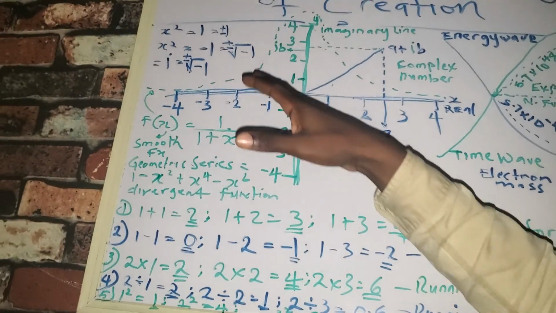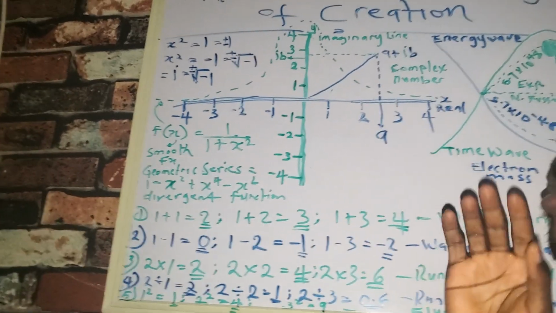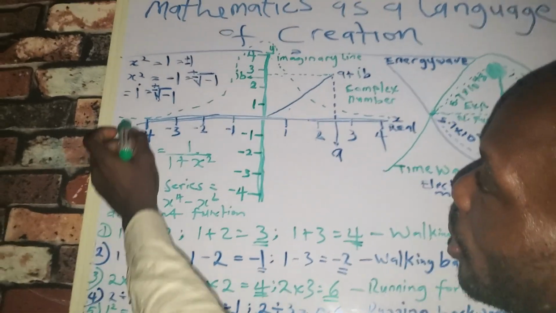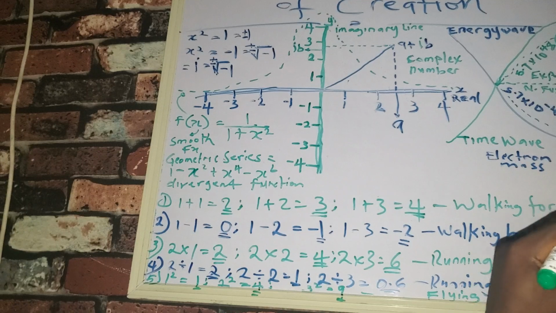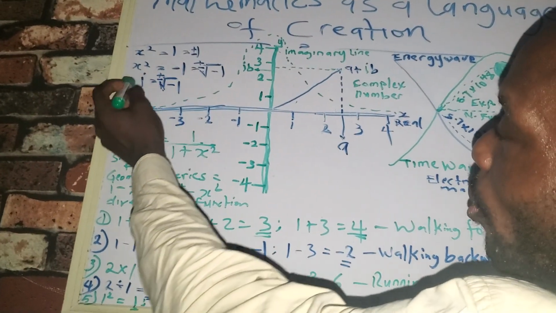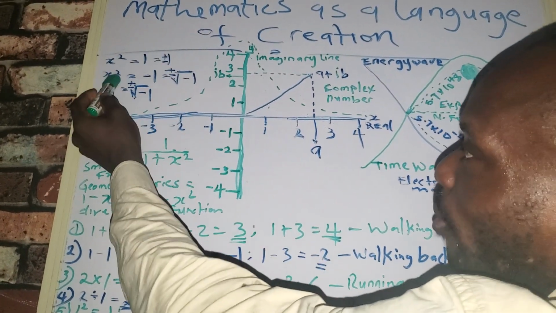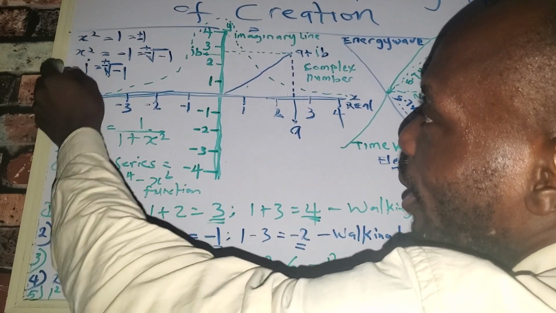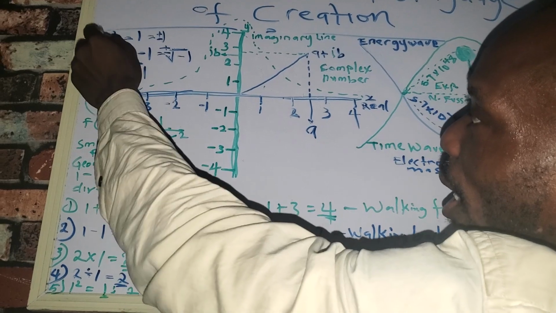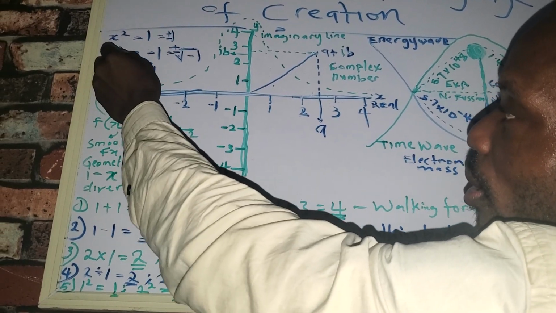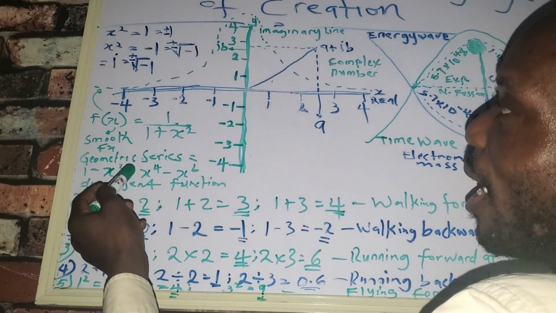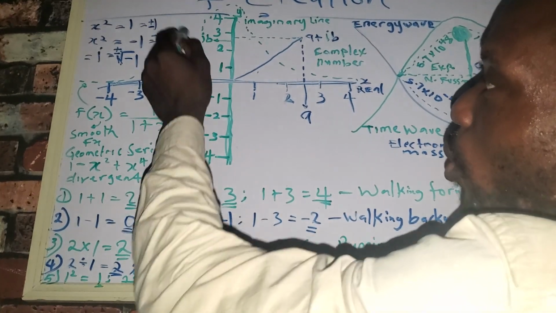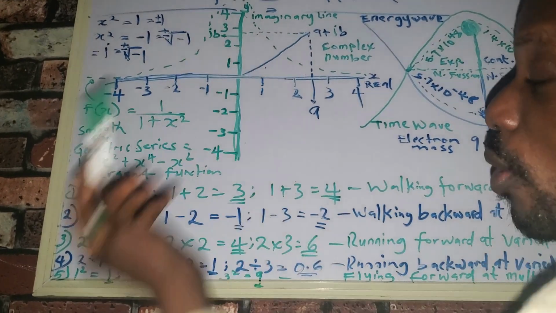And that was a big problem for a while before we could solve this particular equation. By having this minus 1 here, when you take the square root of both sides, you get rid of the square of the x, and so we have plus or minus square root of minus 1.